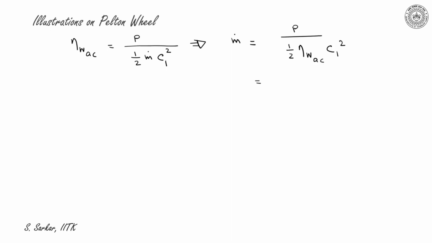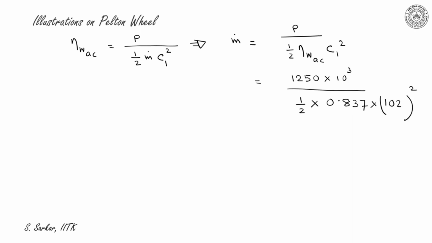Power is given as 1250 kilowatt, so you multiply it by 10 to the power 3, divided by half, eta W actual I have evaluated as 0.837, and C1 is 102, squared.